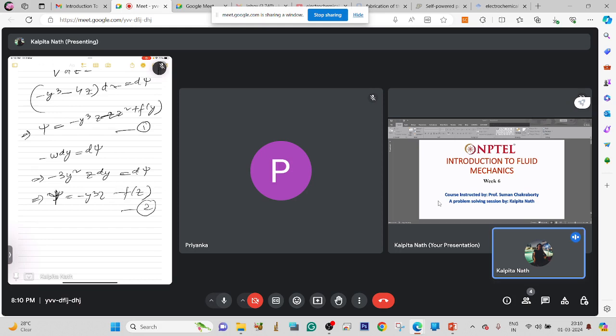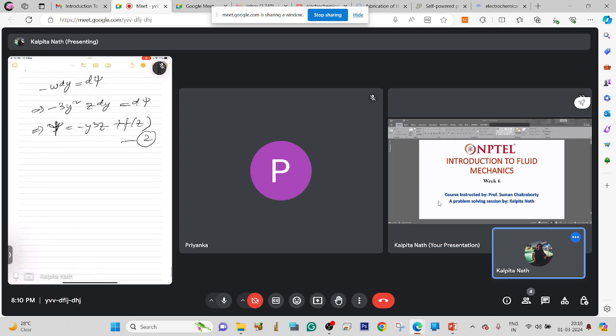This is equation number 2. If z is equal to 0, psi is equal to 0. If we put that in both equations, we find that fy is equal to 0 and fz is equal to 0. So psi will come out to be minus y cube z minus 2z square.